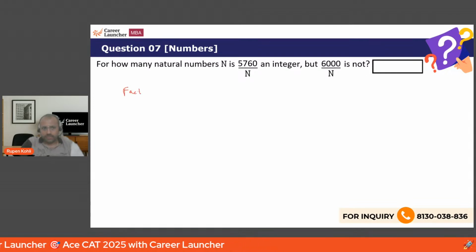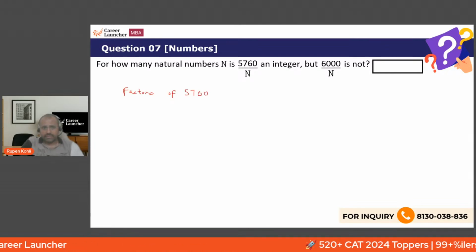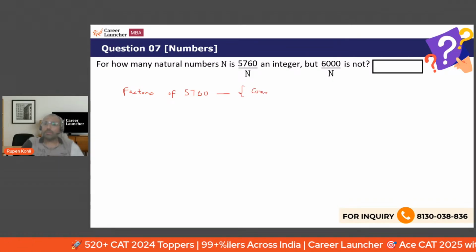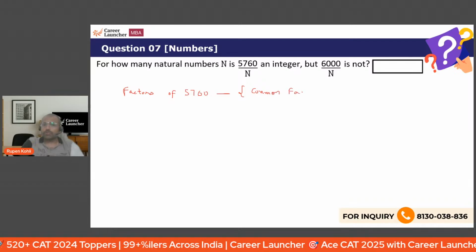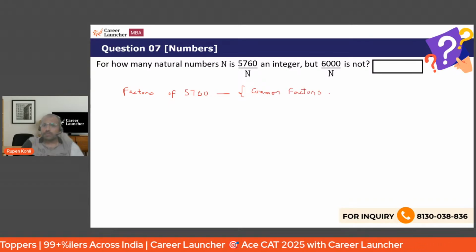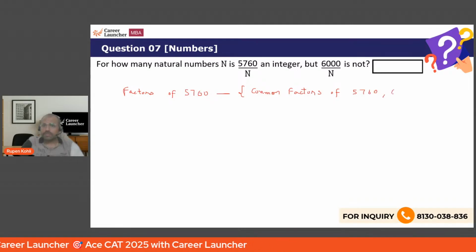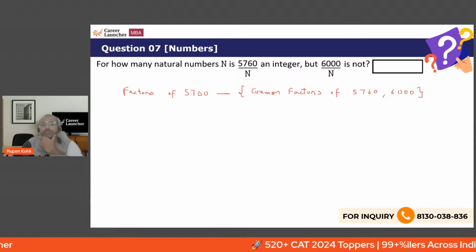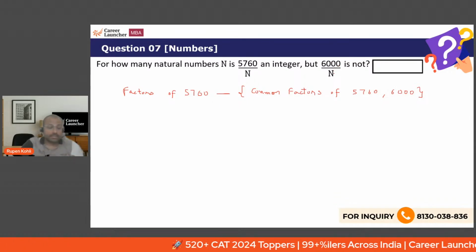From the factors of 5760 we need to subtract those factors which are the common factors of both the given numbers, so that therefore we are left with such numbers which can divide the first value 5760 but not divide 6000, isn't it?